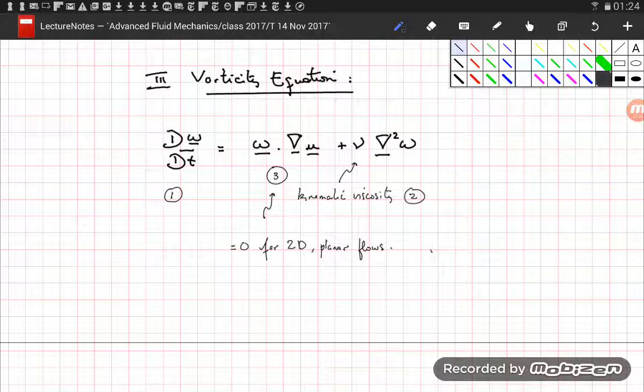This term represents the transport mode of vorticity, which is diffusion. It's a Laplacian of omega. You recognize the Laplacian, the diffusive term in the diffusion equation. So this really represents the diffusion of vorticity.